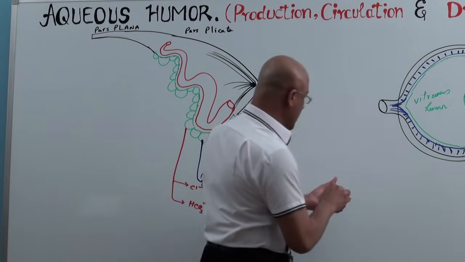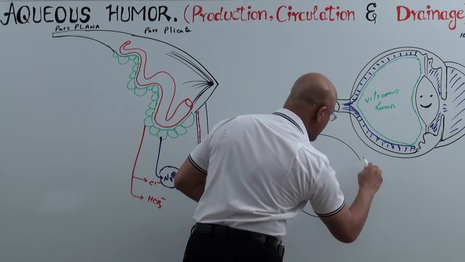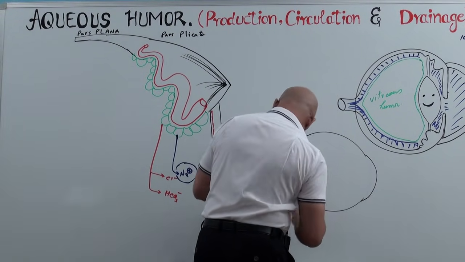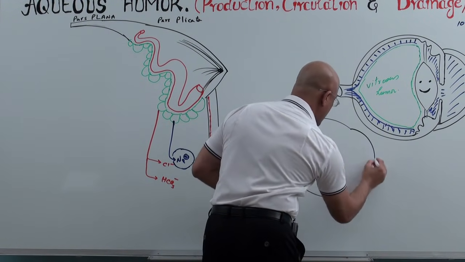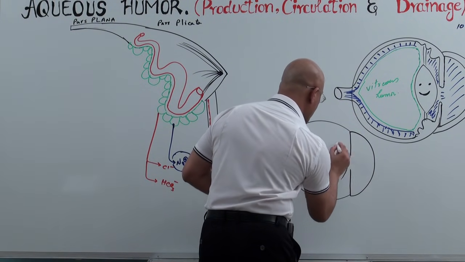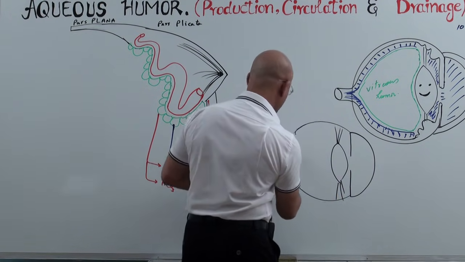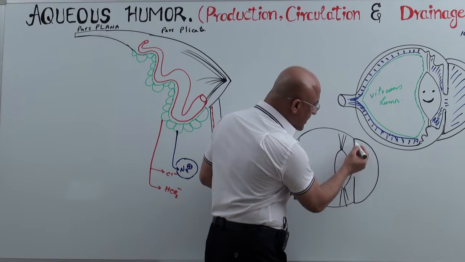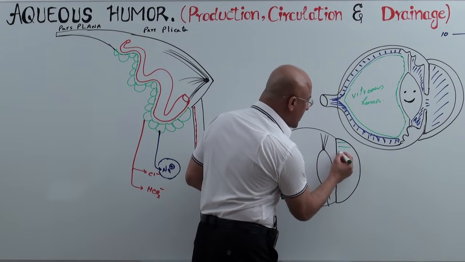Let me make the chambers more clear in the eye, right? Let's suppose here is your beautiful eye, and here, okay, I make it a little larger so I can make the chambers more clearly. This is iris, right? And here is your lens, suspensory ligament, right? Now, the area which is in front of the iris and behind the cornea is called the anterior chamber.